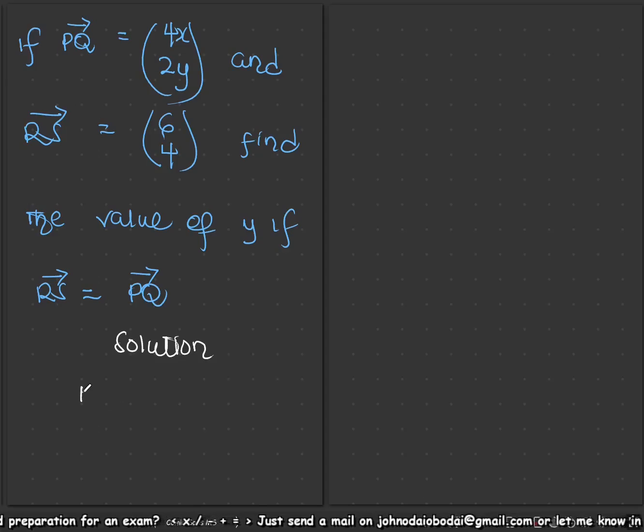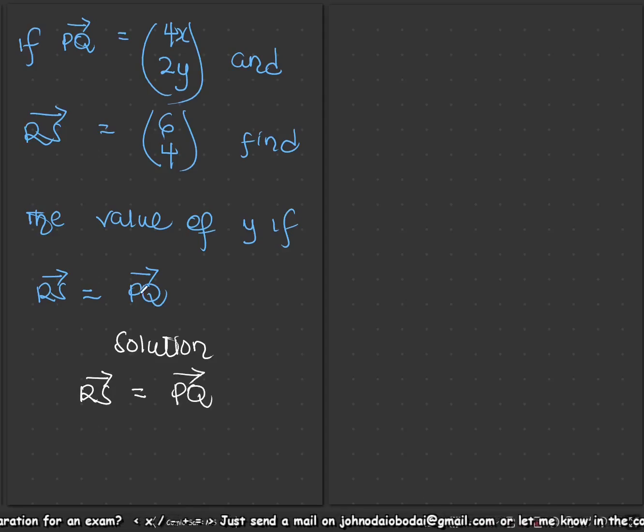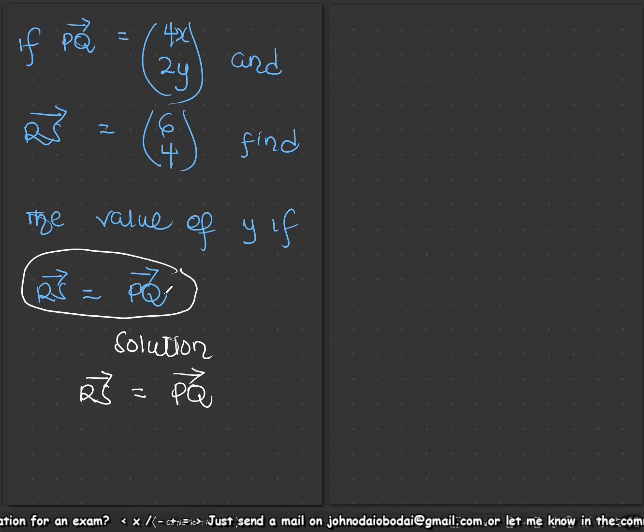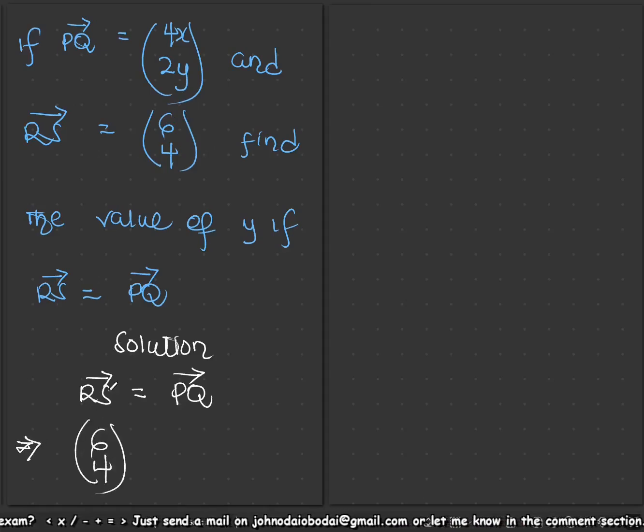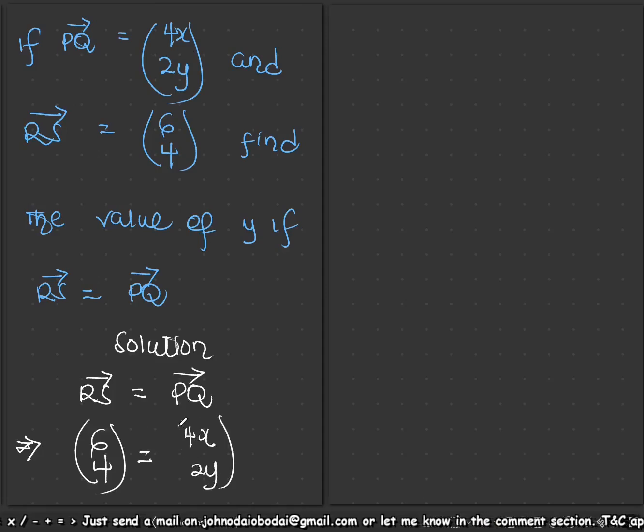Now we know RS is equal to PQ. So we know our RS is what we have here as (6, 4). So it implies that (6, 4), which is for RS, is equal to PQ, and PQ is (4x, 2y).